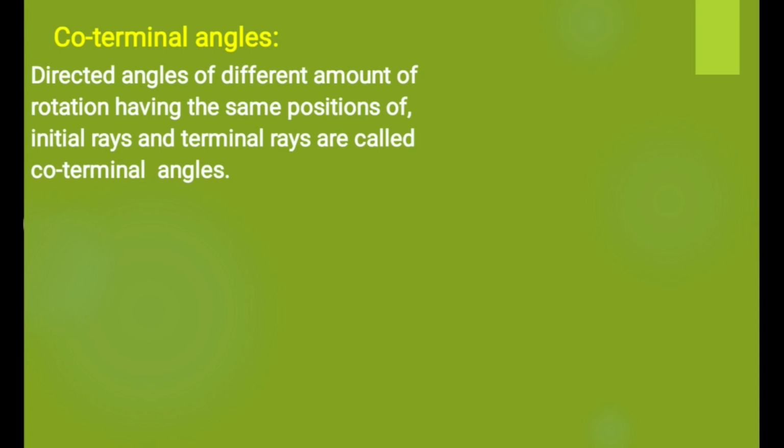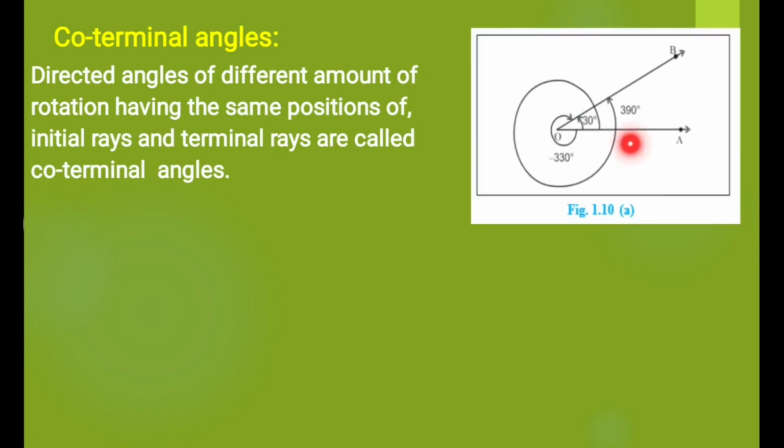So see here in this diagram, this OA and this OB are two arms. If OA is the initial arm and OB is the terminal arm, then when we rotate OA to OB, we get an angle of 30 degrees.